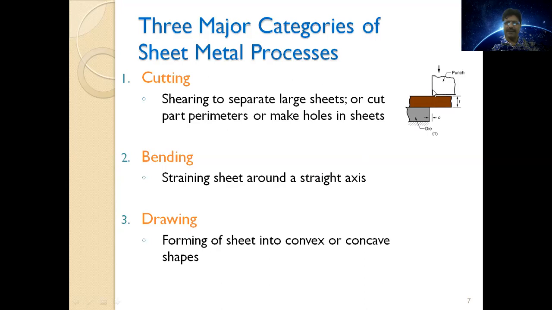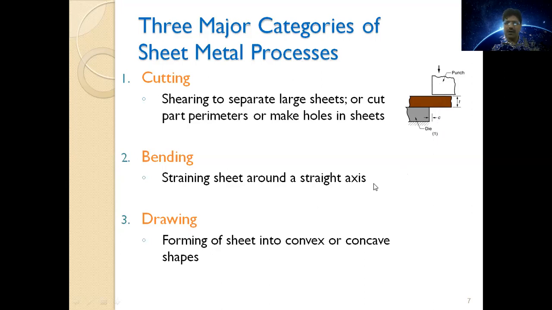Bending is a similar process, but in bending there is a gap between the punch and the die. The punch does not align with the die, so there is a gap, and when the force is applied, it brings the sheet down and bends it in the lower direction.